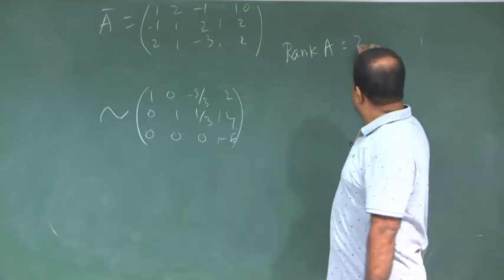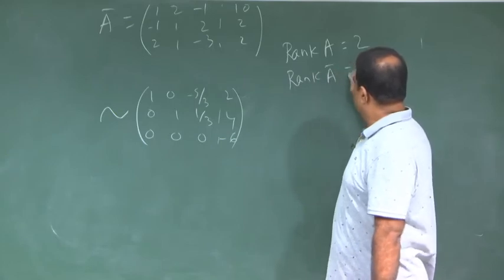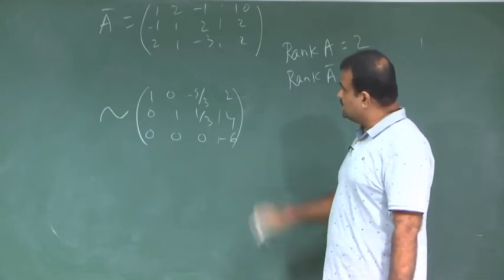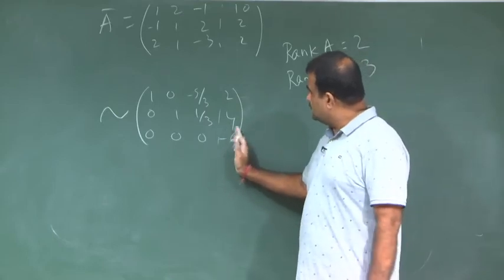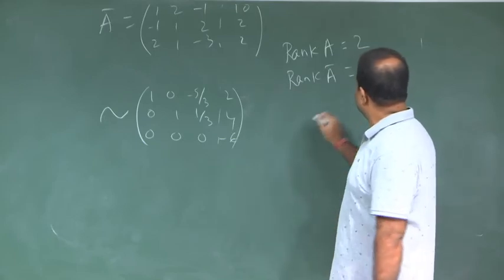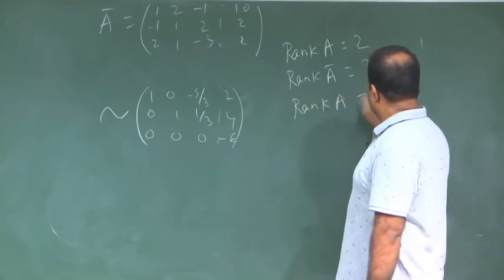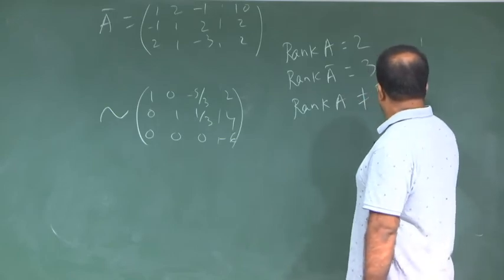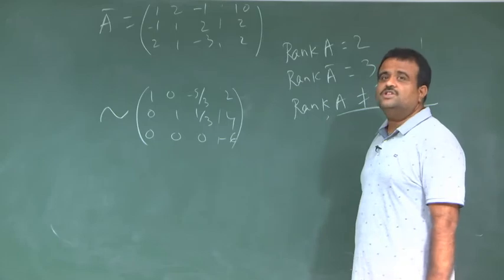So, rank of A is 2, but what is the rank of the augmented matrix? Rank of the augmented matrix is 3, because if we take this one then the determinant is non-zero. So, the rank is not the same: rank of A is not the same as rank of A bar. So, this is inconsistent.